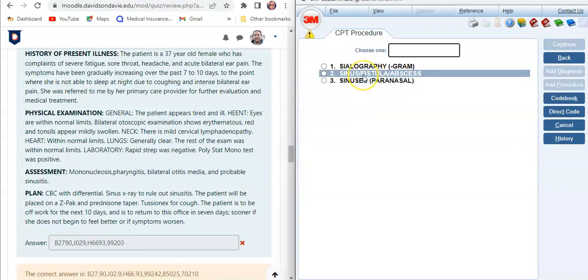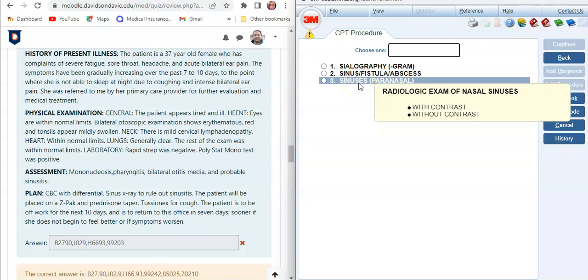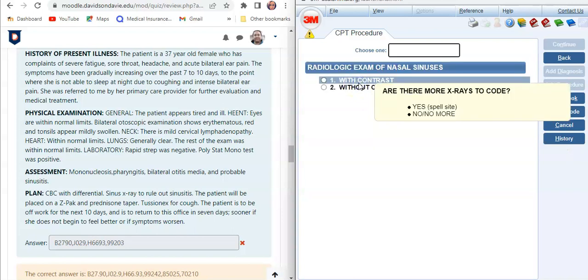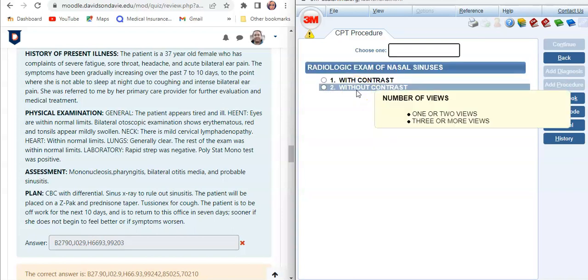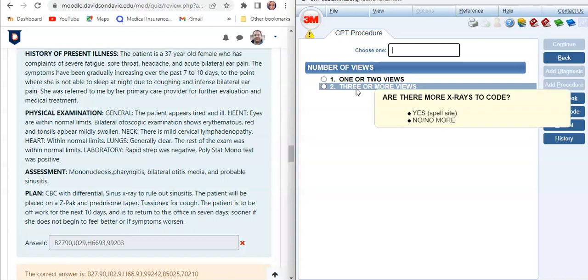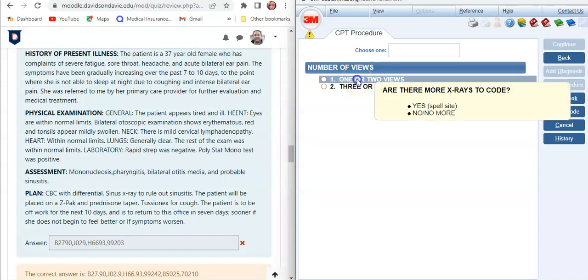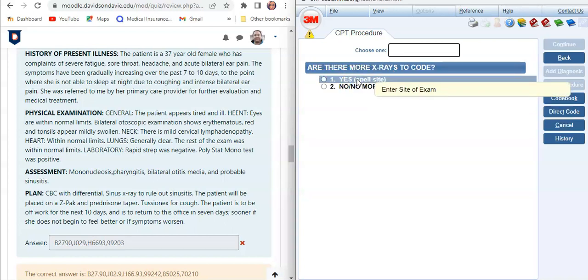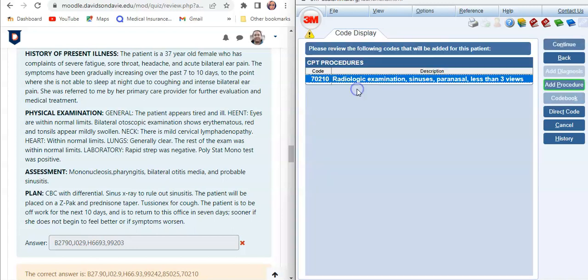Sinuses. No, there was no abscess or anything. So sinuses with contrast or without contrast. Well, it doesn't say it was with. So we'll say without. One or two views. Honestly, it doesn't say. So, are there more? No.